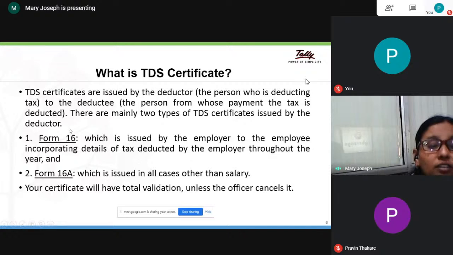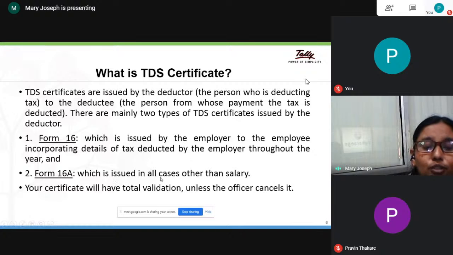These are two different forms issued after deducting the TDS. The first is Form number 16, which is issued by the employer to the employee, incorporating details of the tax deducted by the employer throughout the year end. Right?